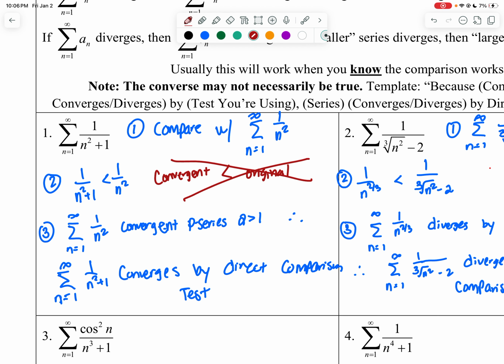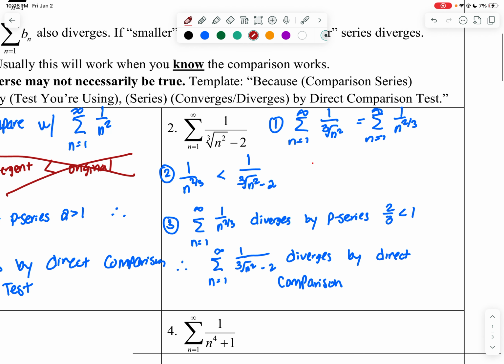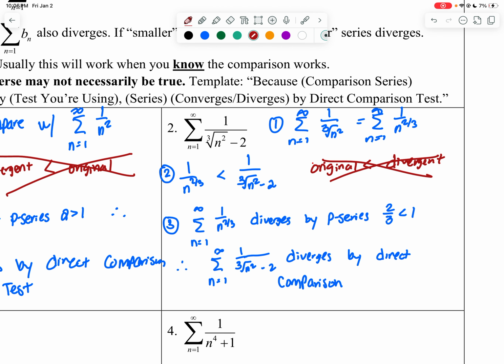So the convergent series should be on the right side whenever we are doing our comparison. Likewise, our divergent series needs to be on the left. So if it's like this right here, where our divergent is on the right side, we don't know anything about the original series just yet. It's inconclusive, so we can't use direct comparison.